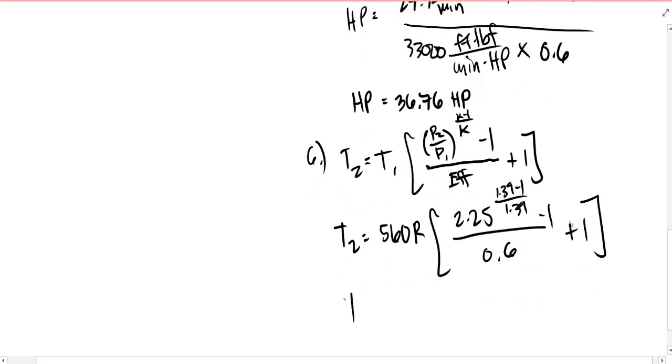So T2, so 798 Rankine. So subtract tayo ng 460 to convert into Fahrenheit. 338 degree Fahrenheit. Okay.